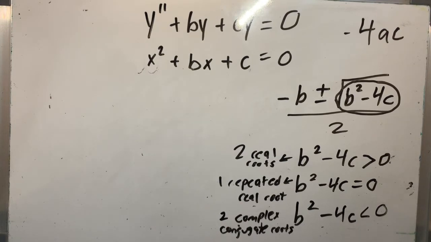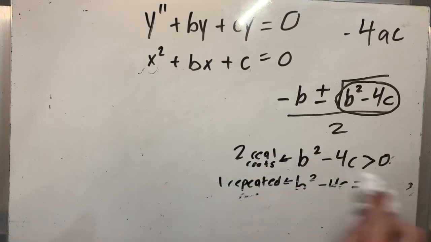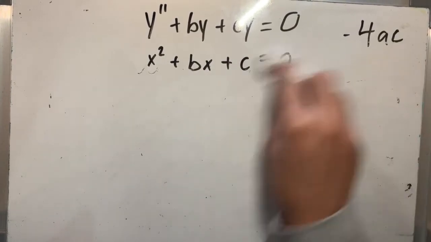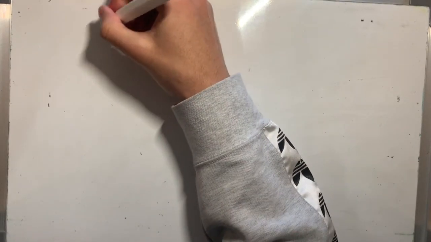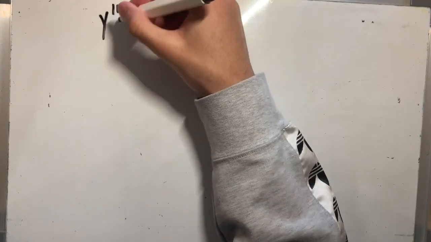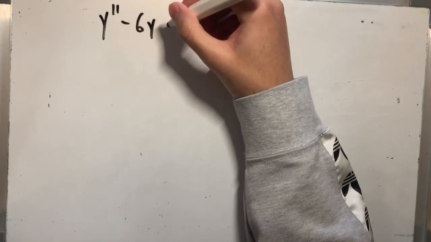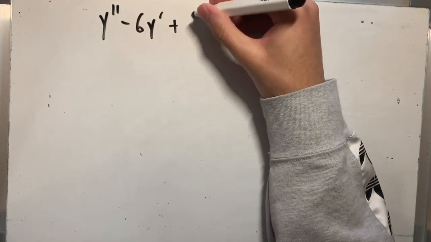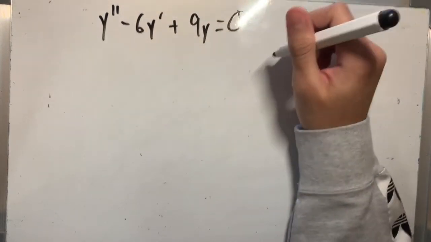So I'll go through 2 examples. Suppose we have y'' minus 6y' plus 9y is equal to 0.